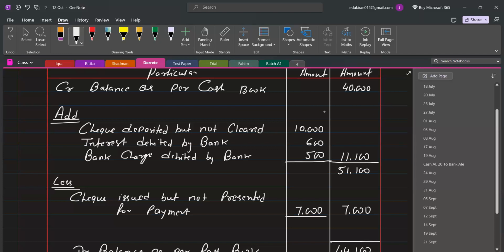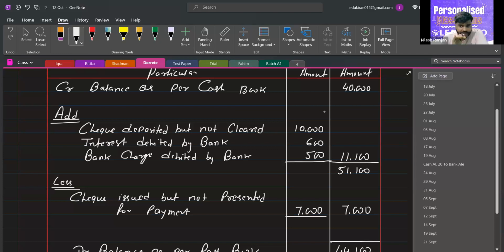But in the method that we have used now, we have to write the starting point as positive. There is no negative amount written as a starting point, and the item which should be added will be deducted, and the item which should be deducted will be added.